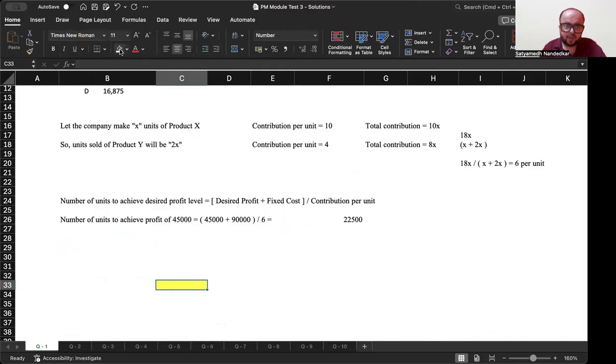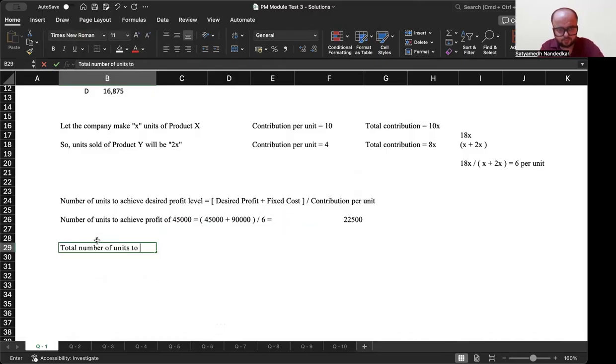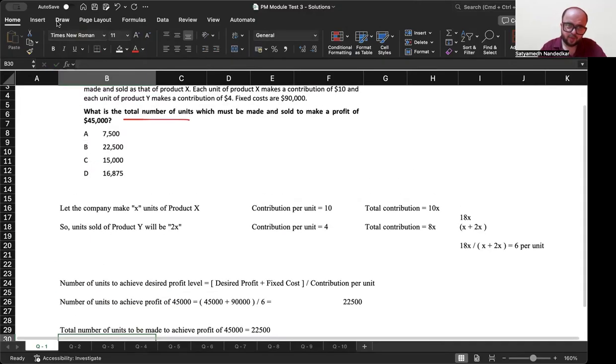What is 22,500? 22,500 is the total number of units to be made to achieve a profit of 45,000, which is option B.